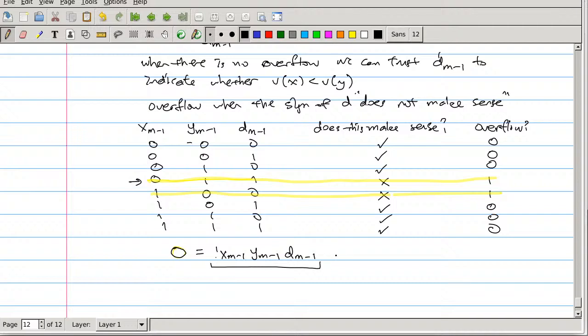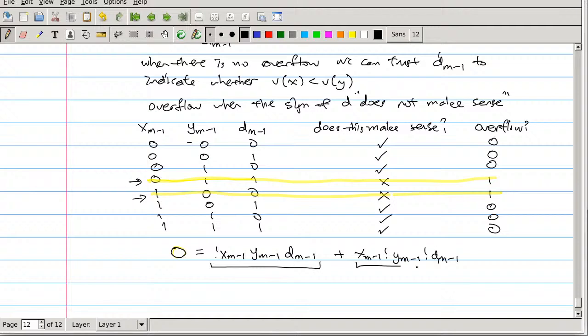But wait, there's one more scenario where we can end up with an overflow, which is the next row over here. So if I want to have a conjunction that is true if and only if xm minus 1 is a 1, ym minus 1 is a 0, and dm minus 1 is a 0, then I end up with xm minus 1 and the negation of ym minus 1 and the negation of dm minus 1.